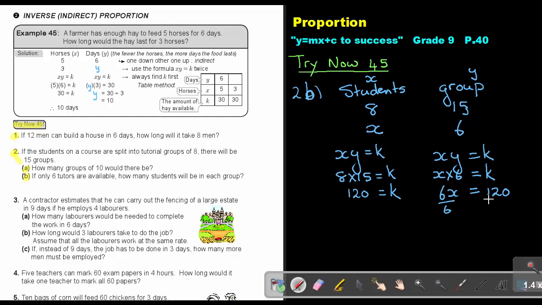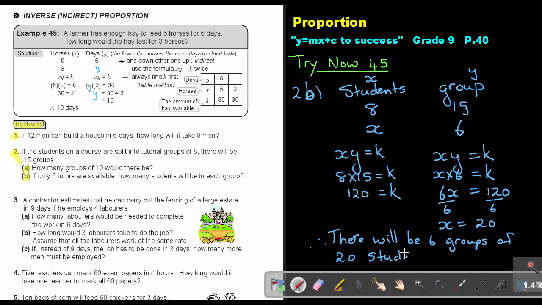So I divide by 6 and I get that the value of X will be 20. So then I just end nice and say, there will be 6 groups of 20 students. And that's my final.